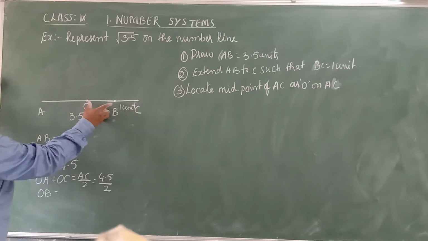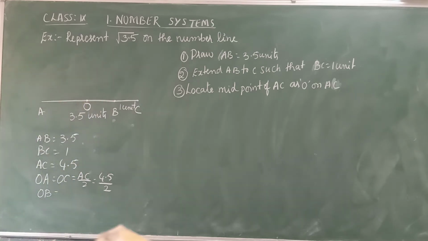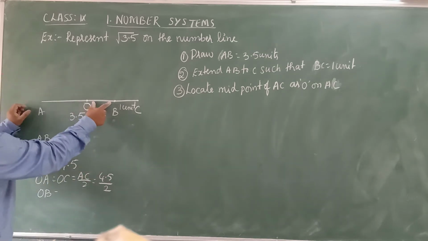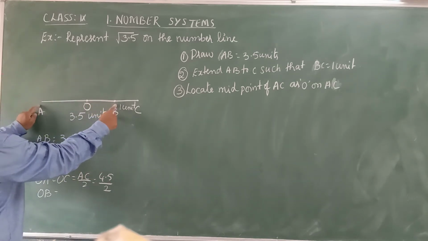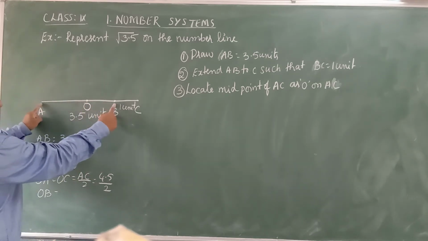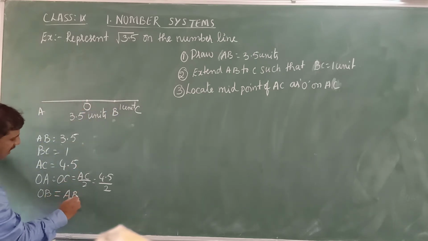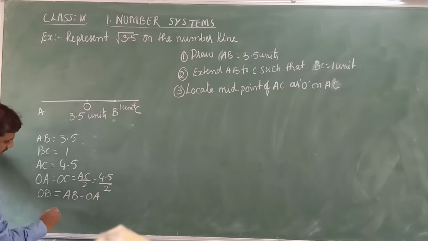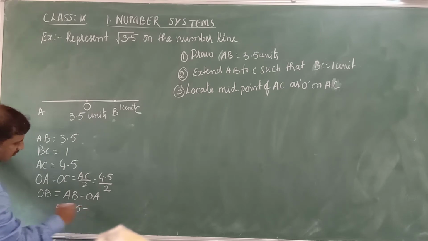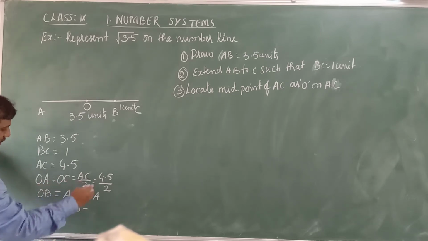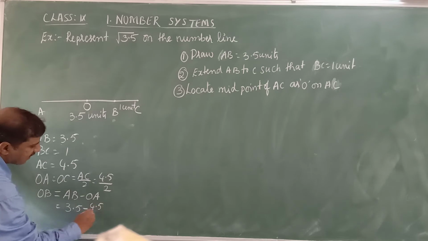Now OB is equal to how much? This length we have to find. OB is equal to AB minus OA. That is AB equal to 3.5 units minus OA equal to 4.5 by 2.